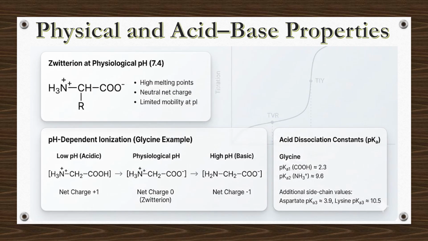By knowing pKa values, we can predict the charge states of amino acids at any pH, which in turn helps us understand their behavior in separation techniques, their interaction with other molecules, and their contributions to protein function.